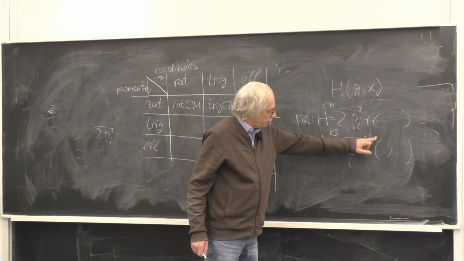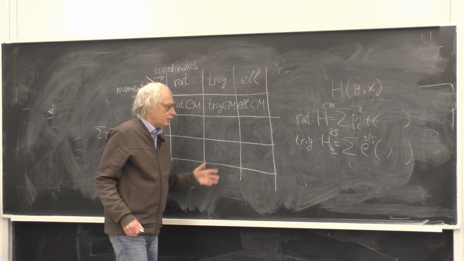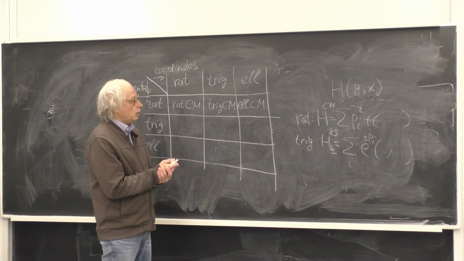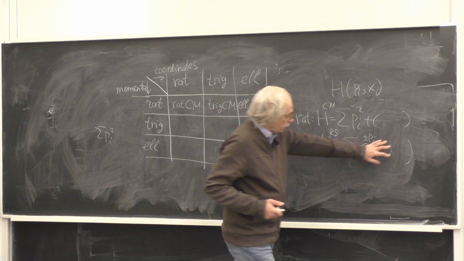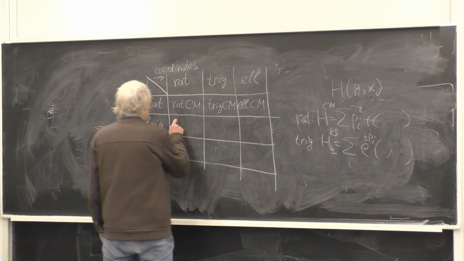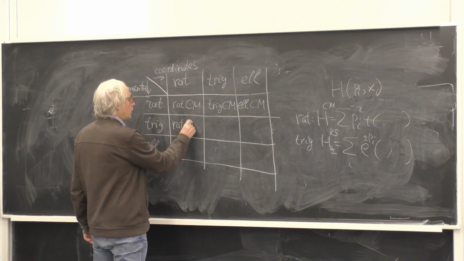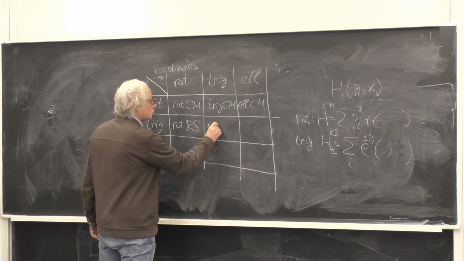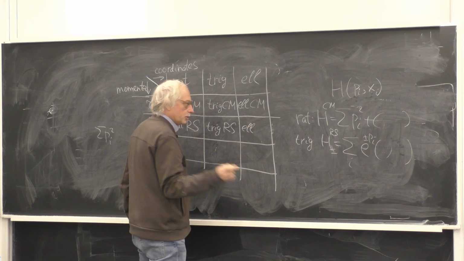So this is a function with just one period in the complex plane. We call such functions trigonometric. But dependence on coordinates may be of different types. Maybe rational, trigonometric, or elliptic, which we just discussed.